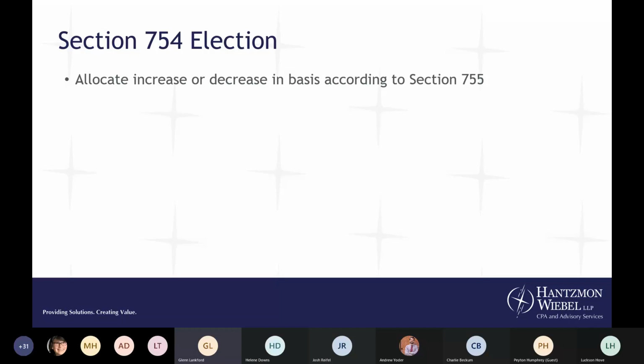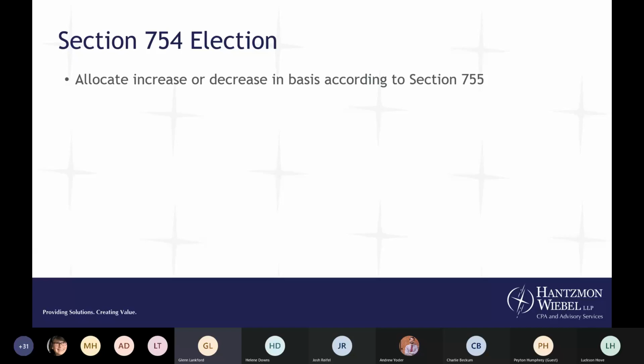Also, if you have property that's likely to be sold, a 754 election makes sense because if you don't make a 754 election and the basis in the property that's later sold isn't adjusted, if the property is sold but the partnership's not liquidated, the gain on the sale of the property is going to be based on its original cost, with no step up.